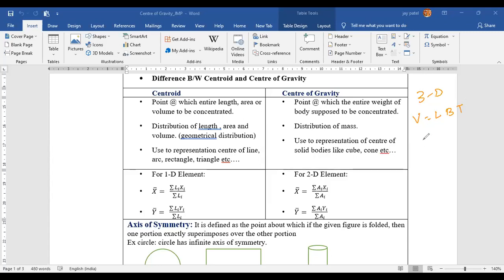Now, for a 2D element, can I say it is the area element, and a 3D element is a volume element? If I am considering a 2D element, in that case, can I say that your thickness is negligible? Yes or no? Your thickness is negligible. For a 2D element, just consider a block like this.